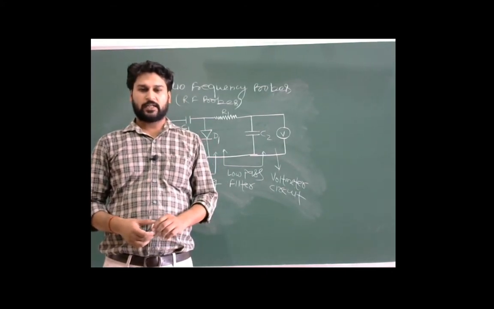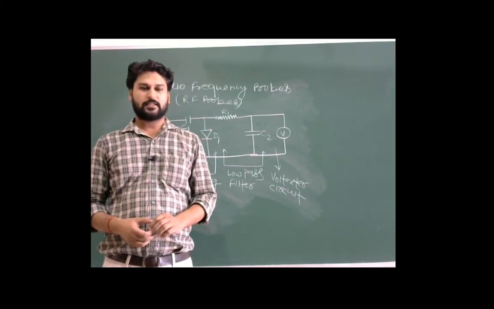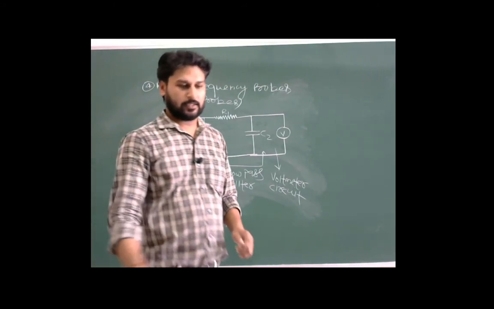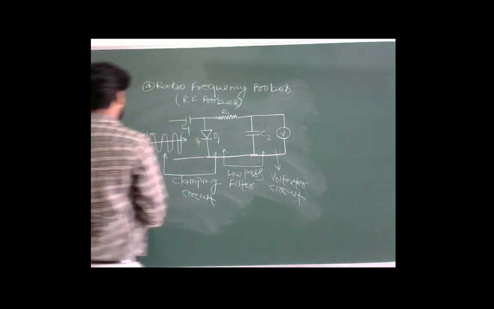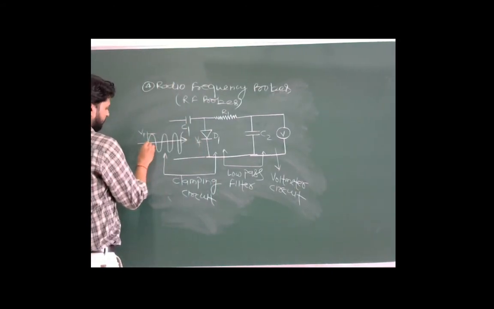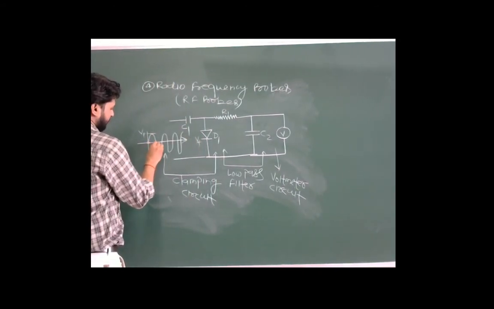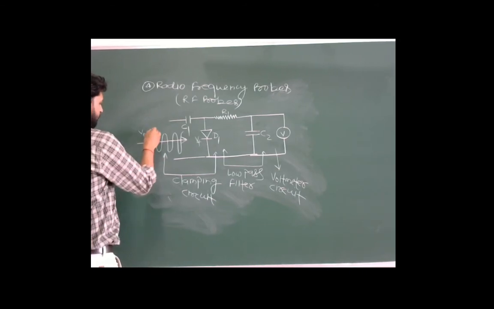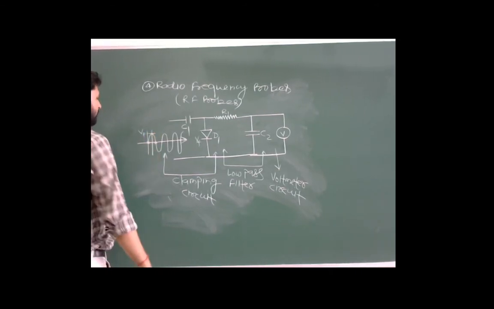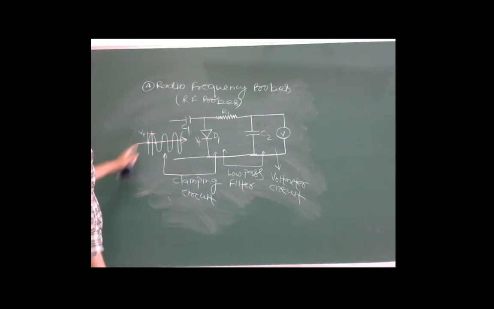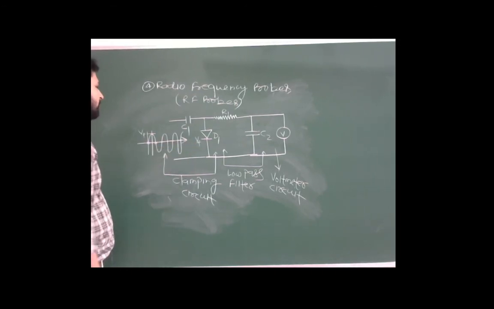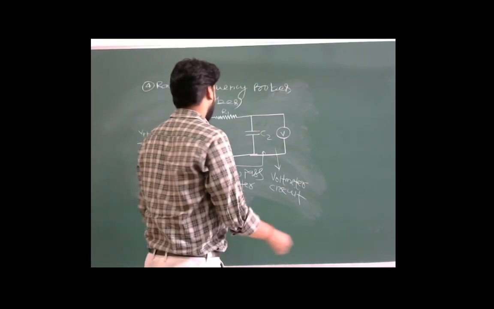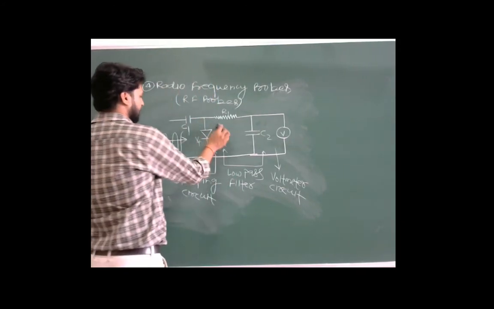In this case, we can see that when the input is positive, from here to here, this diode will be forward biased.